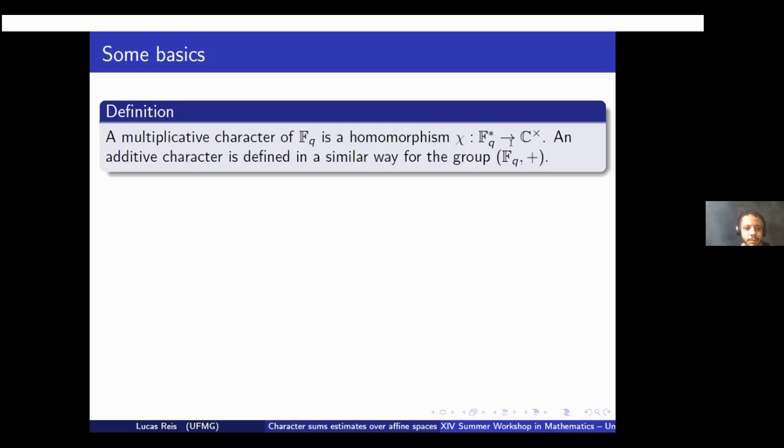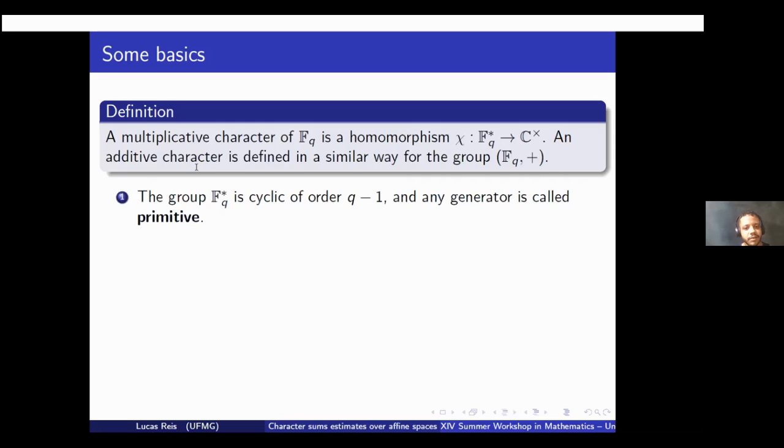So it's just a basic definition of a character of a group. And also we have another structure, another operation in F_q. We have the addition plus, and F_q with this operation is an abelian group, and we can also define additive character in the same way, a homomorphism from F_q to C star.